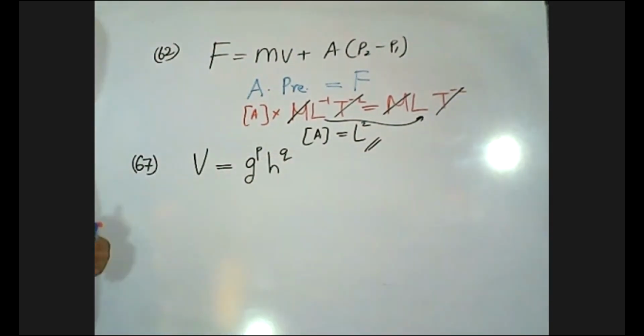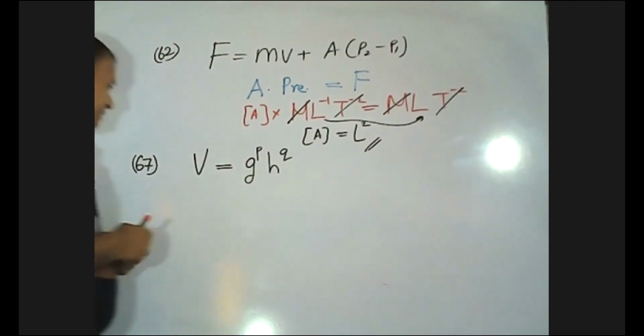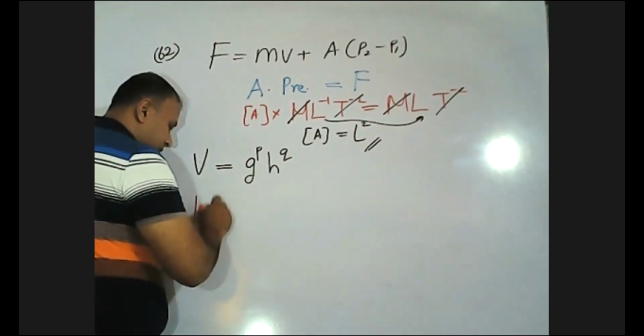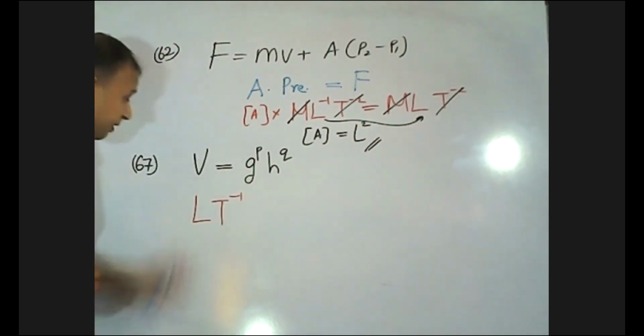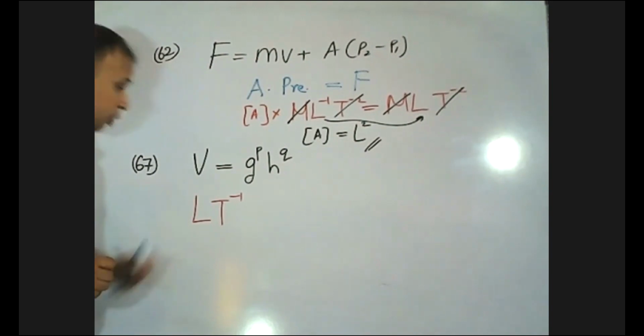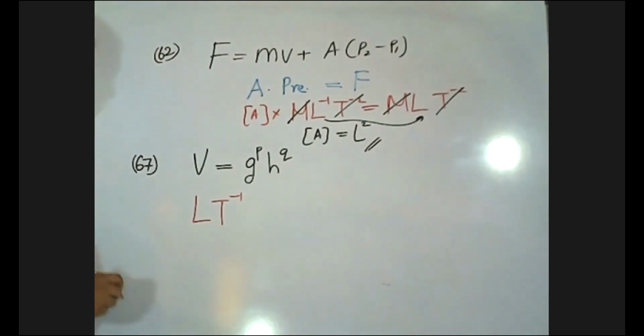Here I know v is a velocity, so the dimension of the left hand side is LT to the power minus 1.